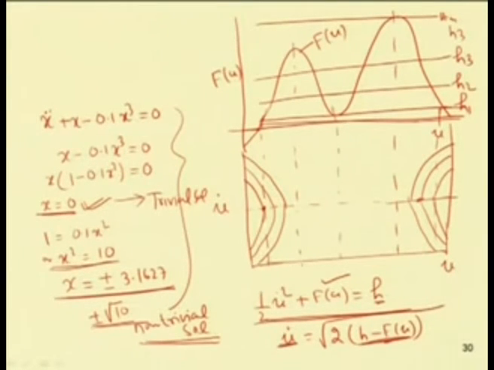Corresponding to this point for H1, this is 0, so u dot equal to 0. But for H2, when you are taking this line H2, this curve is within this. H2 is greater than this Fu. So, as H2 is greater than Fu, one can have a periodic response here.